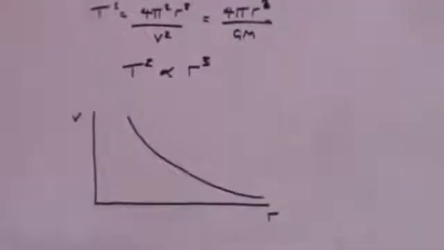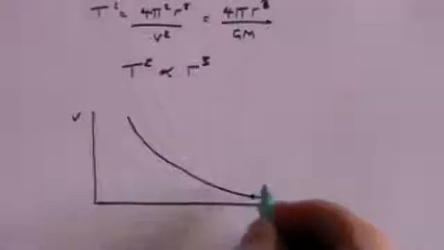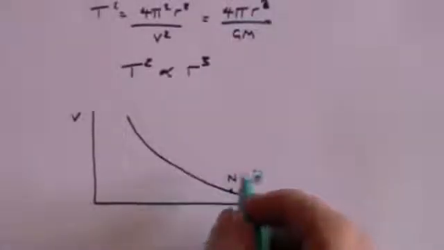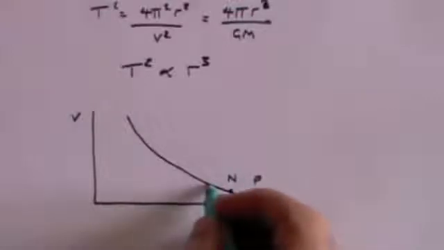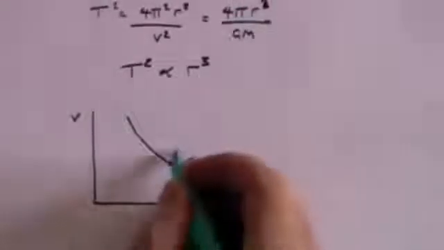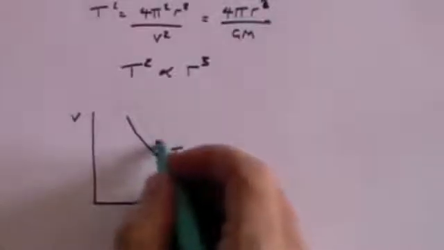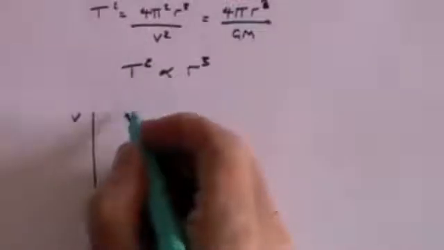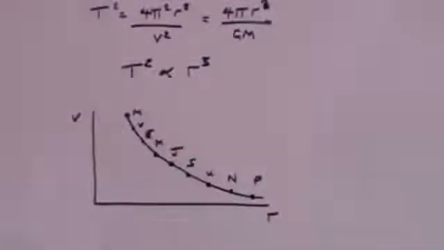And I'm not plotting these to scale, but essentially that would be Pluto, that would be Neptune, that would be Uranus, that would be Saturn, that would be Jupiter, that would be Mars, that would be Earth, that would be Venus, and that would be Mercury. Not to scale obviously, but essentially the further out you go, the lower is the orbital velocity.